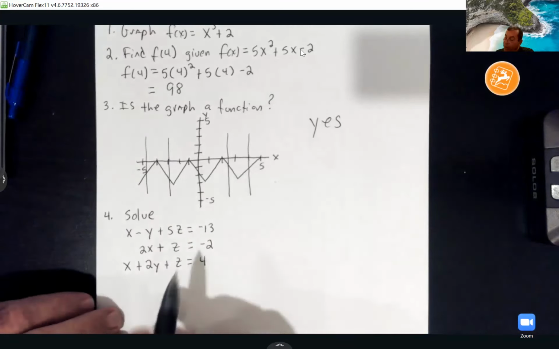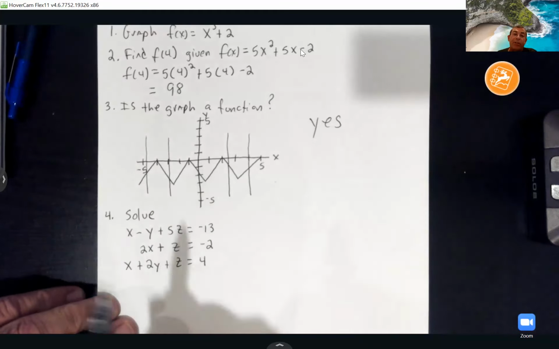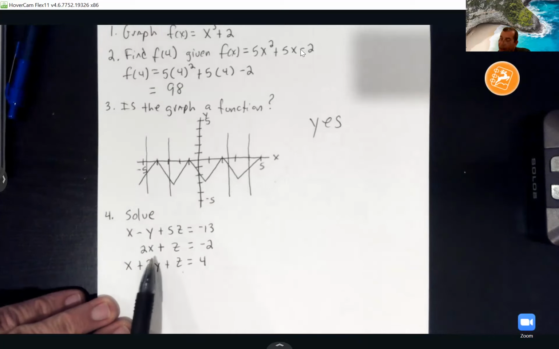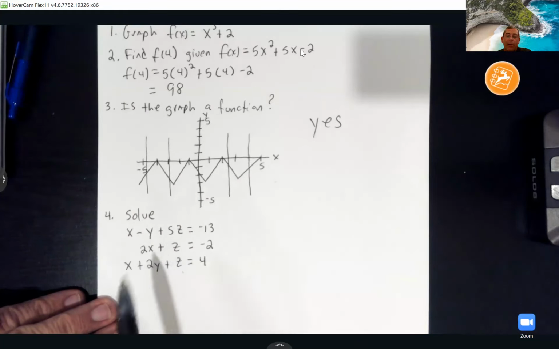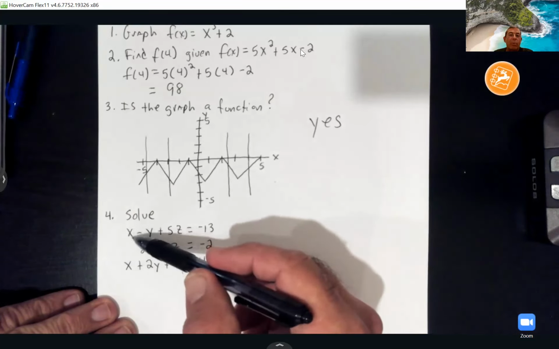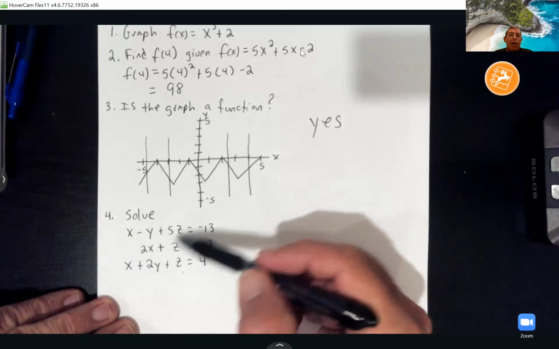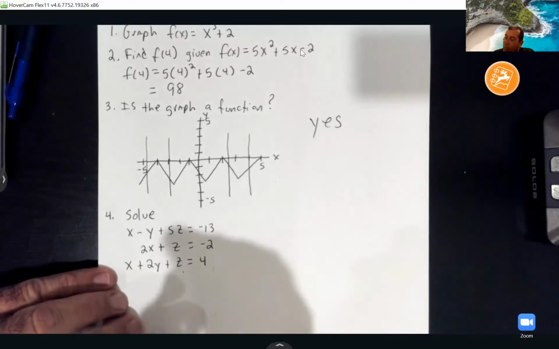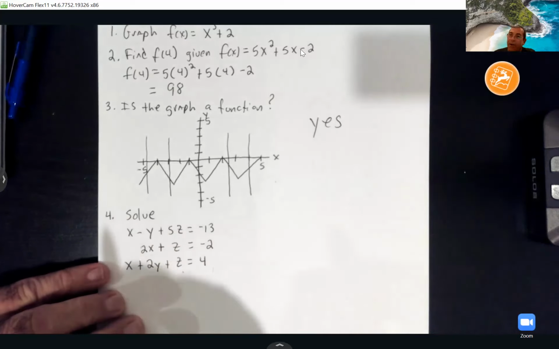All right, y'all. So what I'm going to do on this, I'm going to use the matrix in my calculator to solve this. Now, you got to be careful because notice this second equation here, the x's are out of order. Because remember, I always want my x's in a column, then my y's, and then my z's, and then my numbers. So let me show you what I'm about to put in the calculator under the matrix.